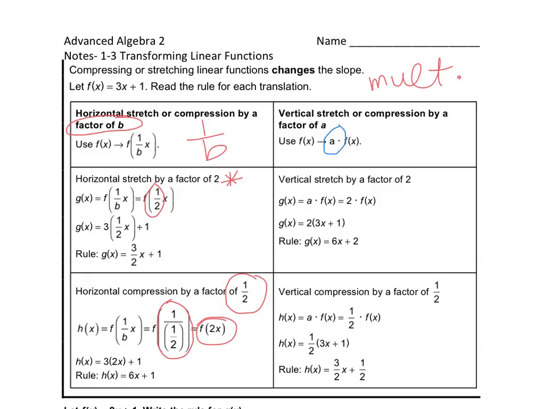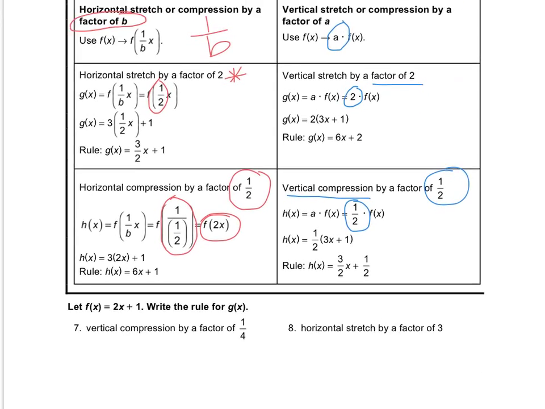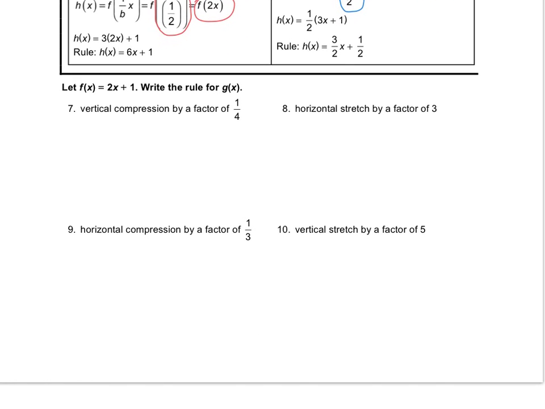So a factor of 2 here, we're simply multiplying by 2 on the outside of the function, or another way to refer to that are the outputs versus the inputs. Now, vertical, again, of a factor of 1/2, we simply multiply by 1/2. So horizontal, reciprocal; vertical, you're just multiplying by that factor. All right, let's look at a couple examples.